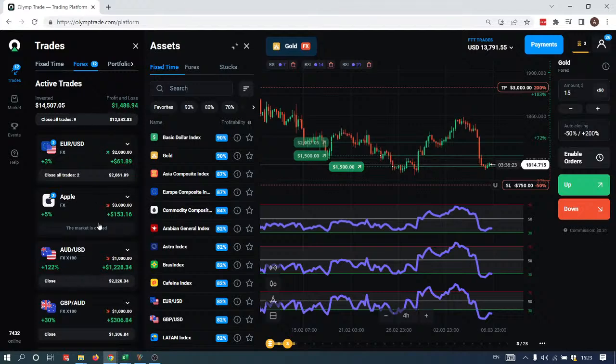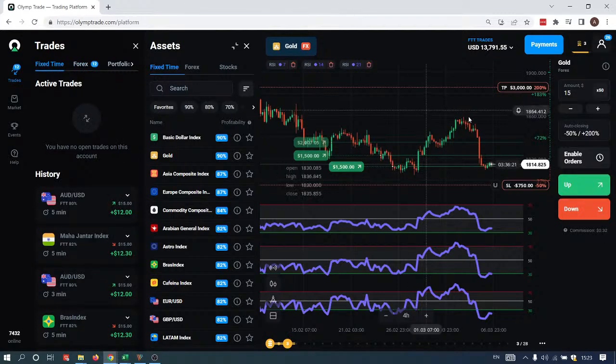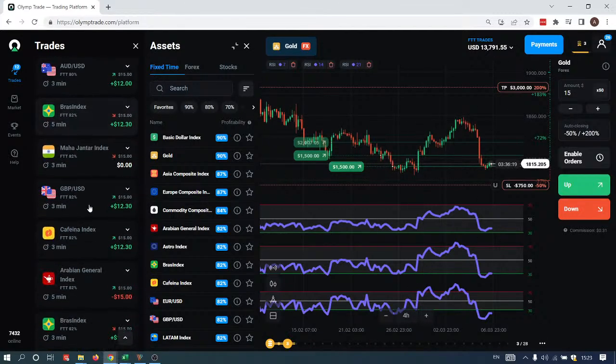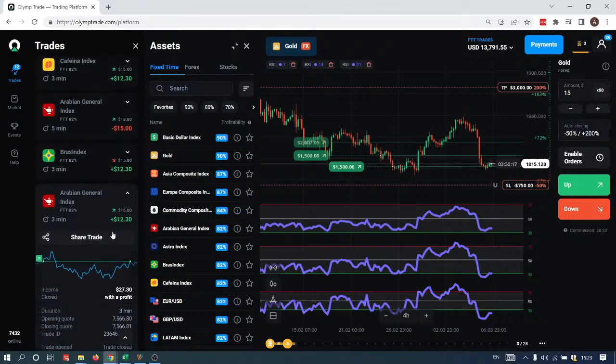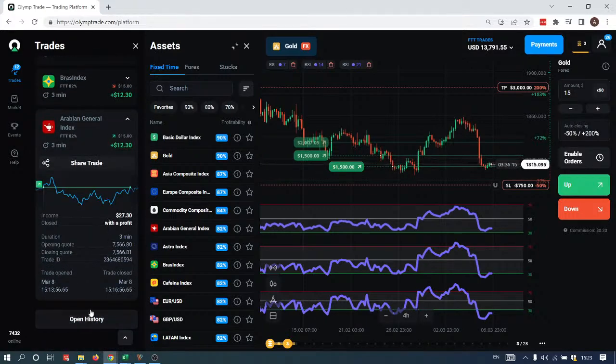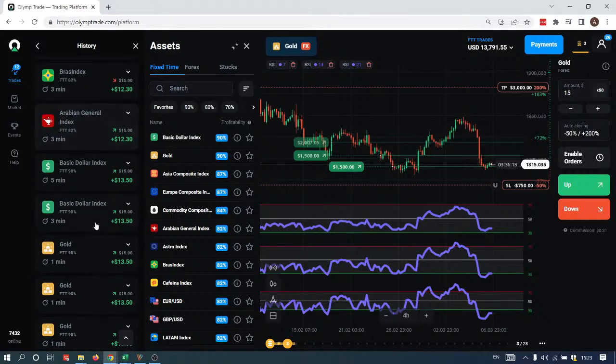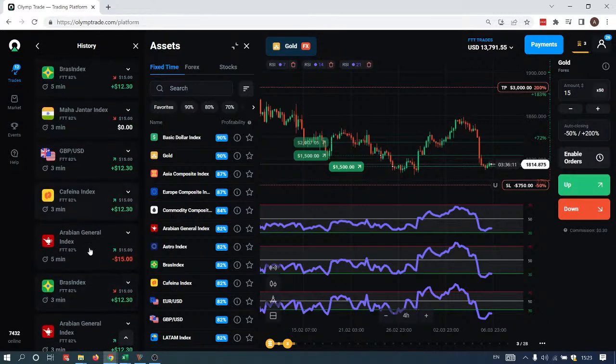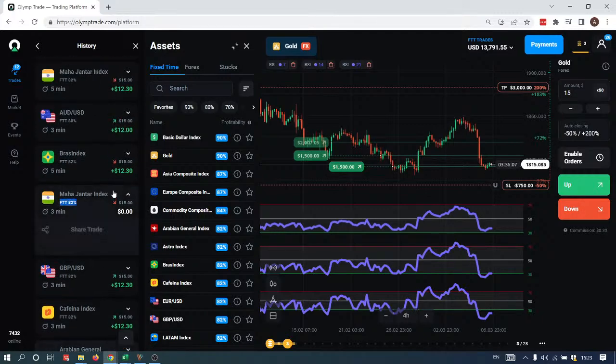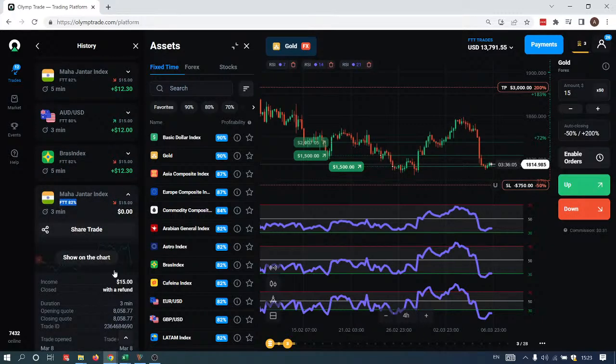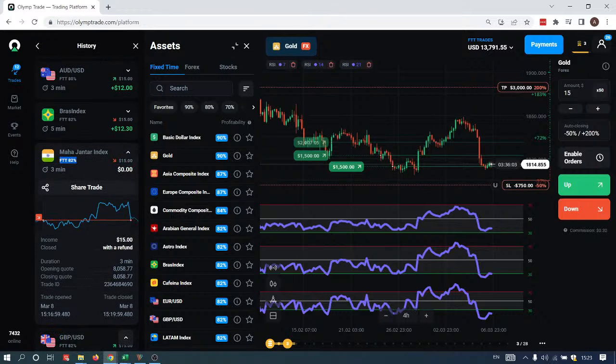Right, so here are my Forex trades. I've pretty much described all of them, and let's see. All right, so not bad. So far I have one losing trade here with Arabian General Index, and one trade with a refund, because opening quote equals closing quote.